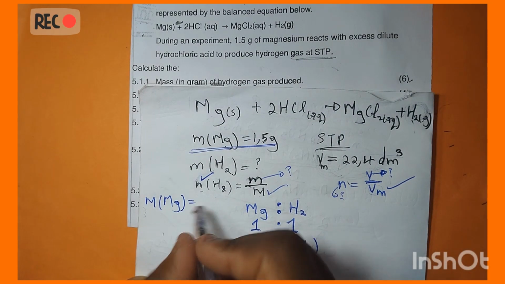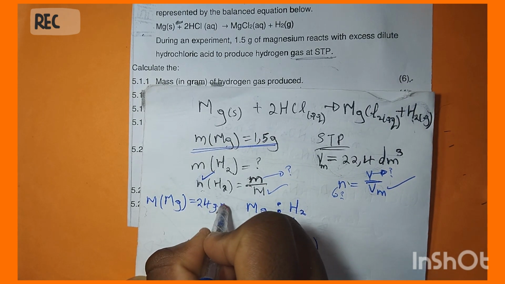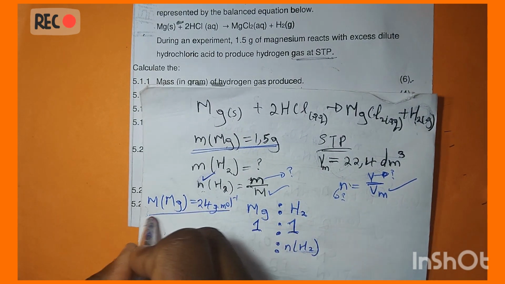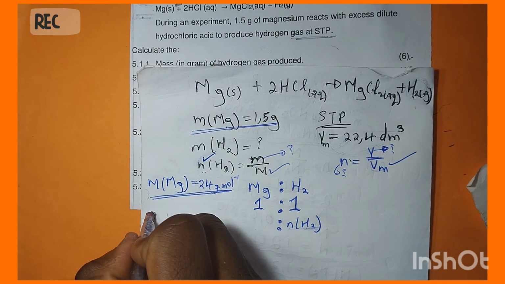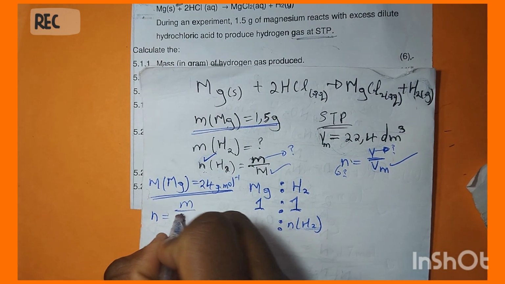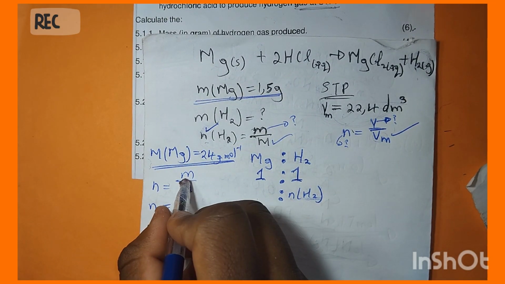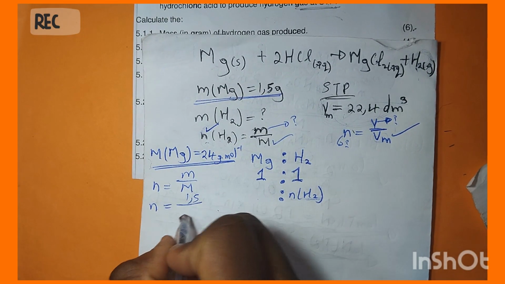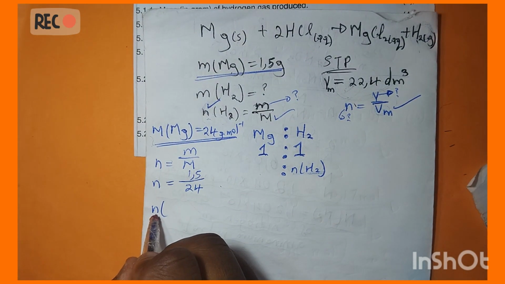Meaning there I can say this thing, it's 24 grams per mole. It's grams per mole. So now I can apply this equation, which is this.